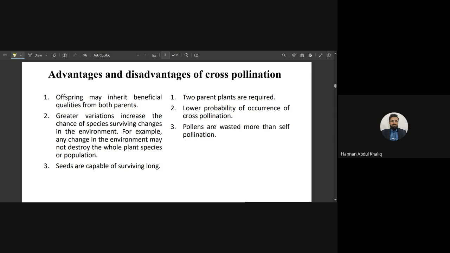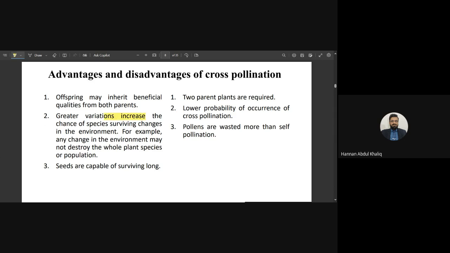Obviously, if they both are surviving in nature, their good genes would accumulate, and there is a bit lesser probability that the bad genes would accumulate. So they would be more resilient to nature, less vulnerable, more surviving plants. That is a very good thing related to the advantages of cross pollination.